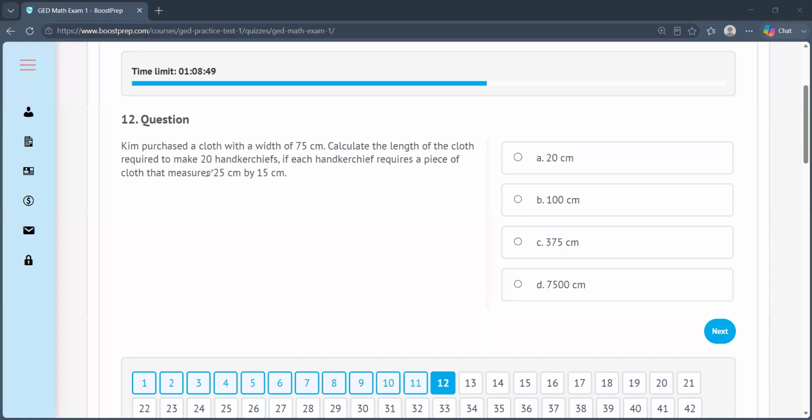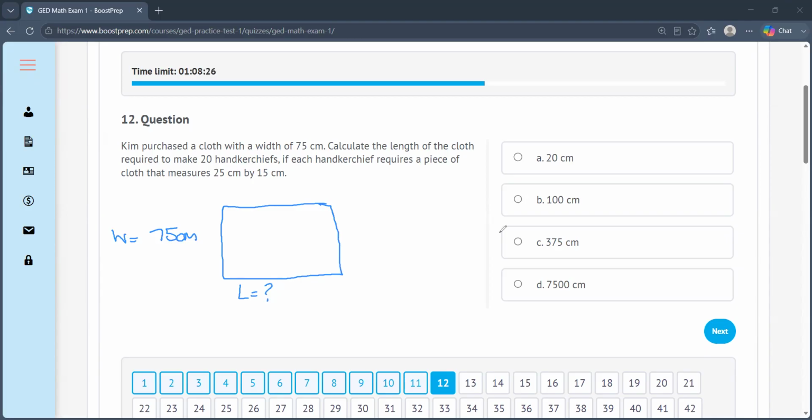Imagine a cloth like this, a rectangular cloth, right? And here's your length, and then here's your width. They specifically said the width is 75 centimeters, and we don't know what the length is.